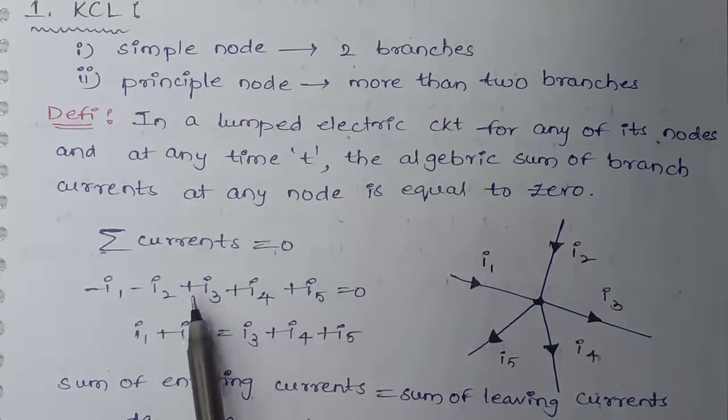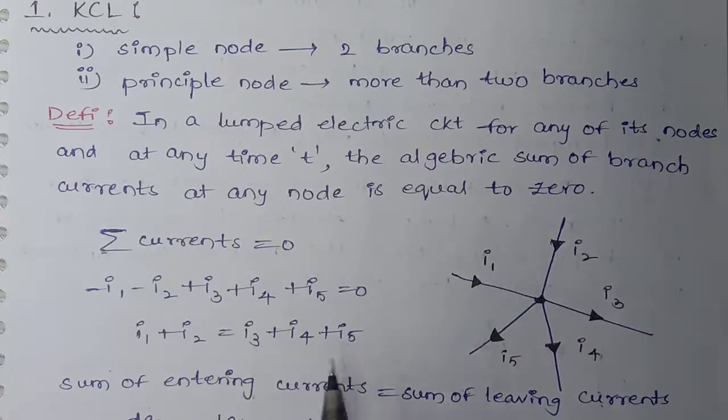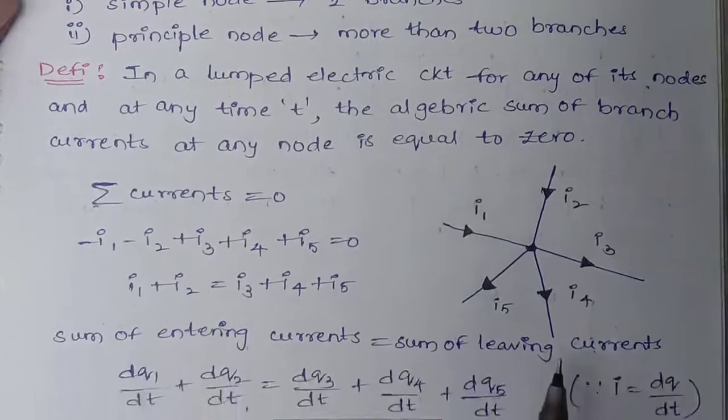So if I arrange this equation in a proper manner, we will get I1 plus I2 is equal to I3 plus I4 plus I5. So by looking at this, we can conclude that the sum of entering currents is equal to the sum of leaving currents, right?